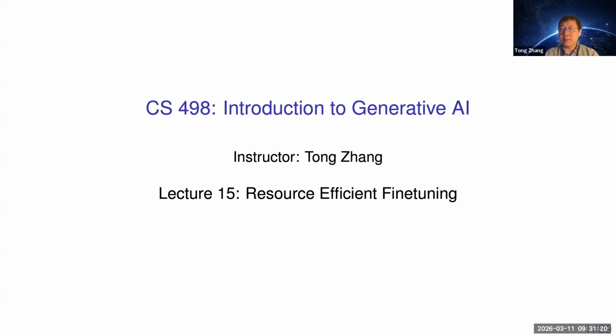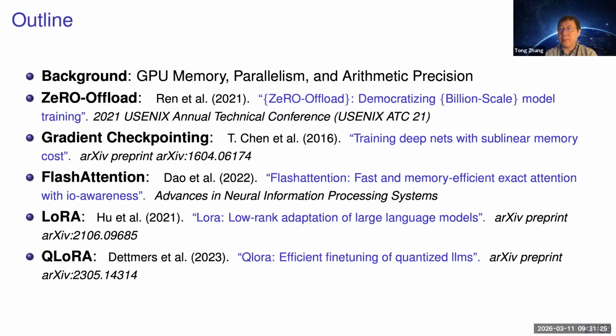Okay, so let's talk about what we want to cover today. The key idea for this kind of resource efficient fine-tuning is GPU memory. Usually, you have to fit your model into the GPU in order to compute, but the GPU has limited memory. Nowadays, GPUs are reasonably large, like 40 gig and 80 gig, even larger.